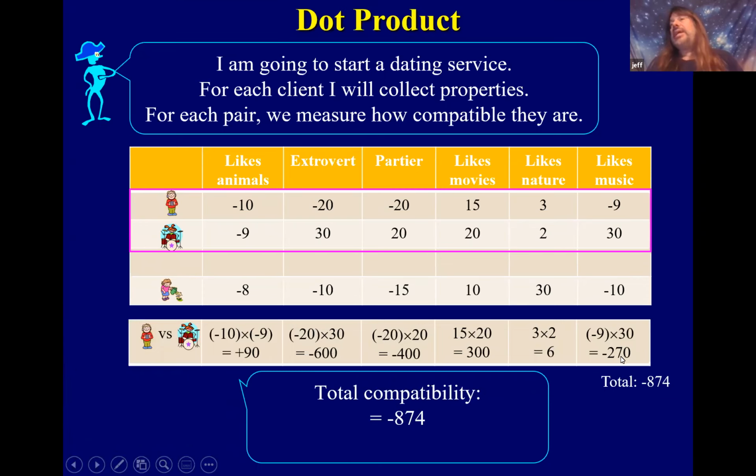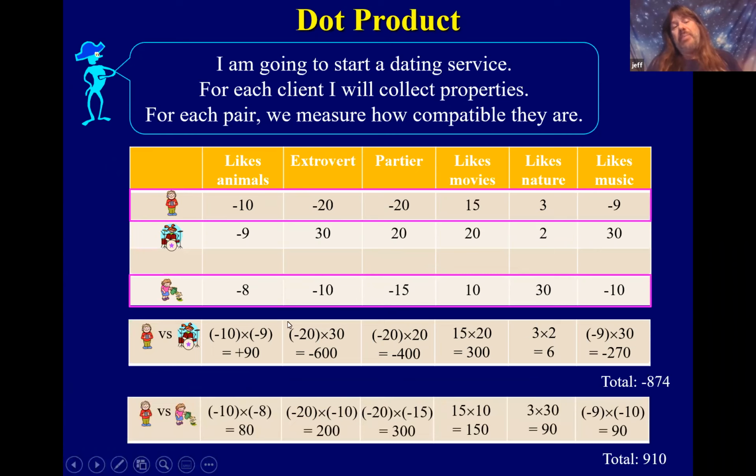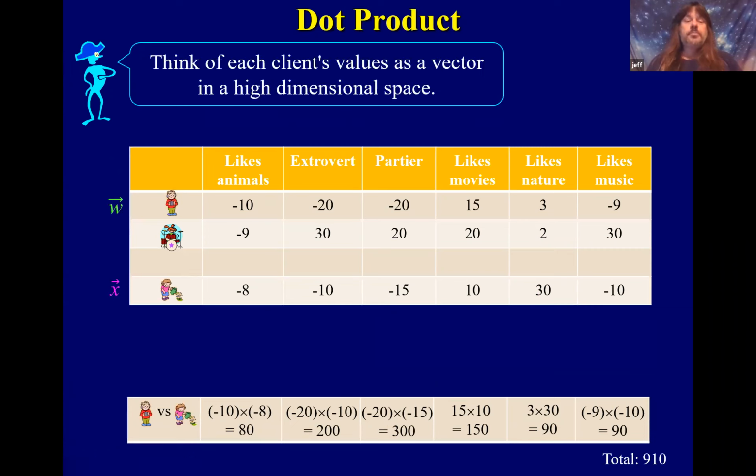In this case, you get a big negative number, which means these people aren't correlated very well. But if you take this other pair of people, you do the same, you multiply pairs and add up, and you get a positive number, 900, as opposed to negative 800. So these people are more compatible, right?